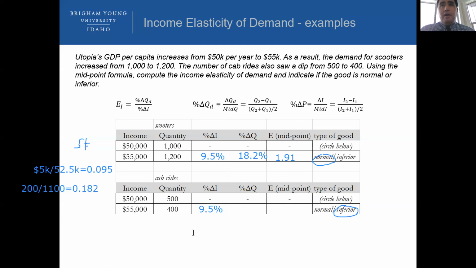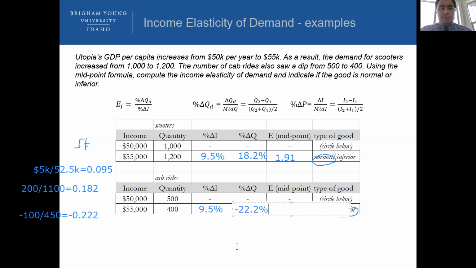And let's look at the cab rides. We already have the percent change of income. What happens using the midpoint formula? We have 400 minus 500, that's negative 100, divided by the average of those two, that's 450. If we do the math on this, that's negative 0.222, or in this case negative 22.2%.